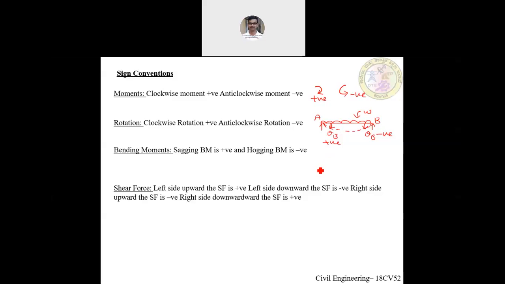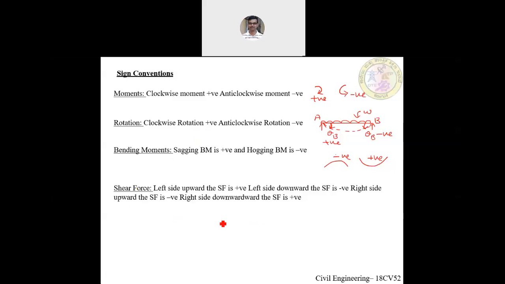Sagging bending moment is taken as positive, and moments which try to hog are taken as negative. Because of the application of downward load or because of the moment there will be sagging in the beam, and this sagging we are taking as positive.